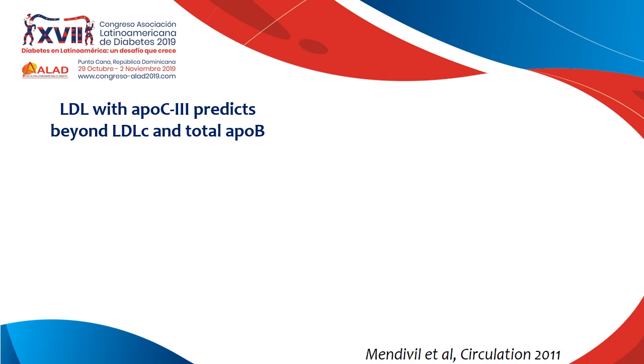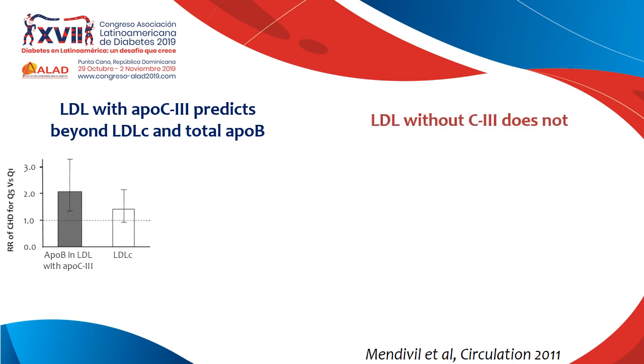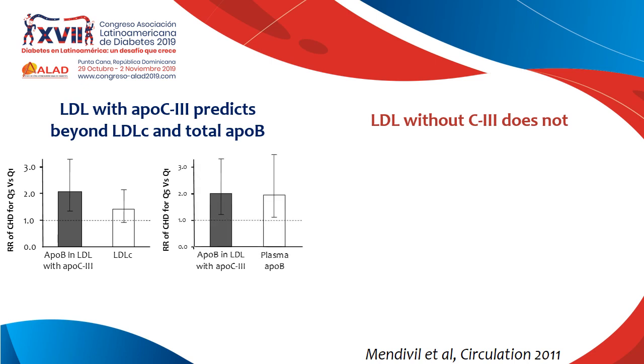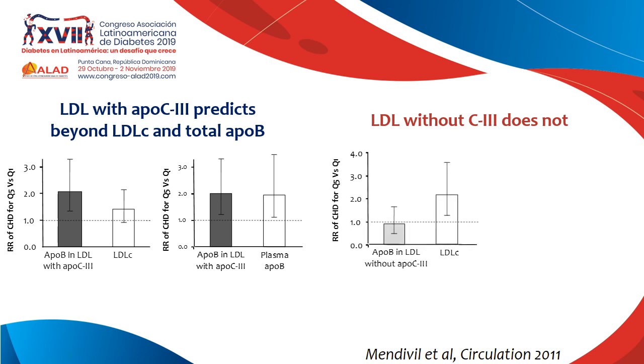So when you adjust for other important lipid and non-lipid cardiovascular risk factors, what we found is that even after adjusting, the association persisted. This is adjusting for LDL cholesterol, which is really important. Adjusting for plasma ApoB, it remained significant. And this is really interesting. It happened only for LDL with ApoC-III, that the association was consistent, even after adjustment for LDL cholesterol or plasma ApoB.